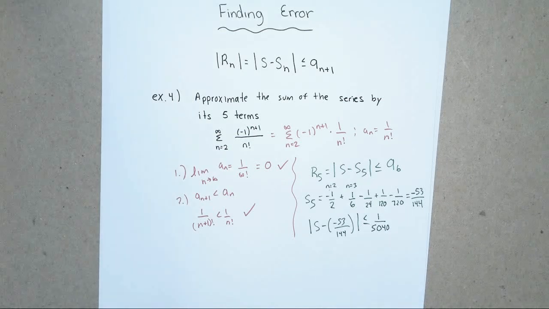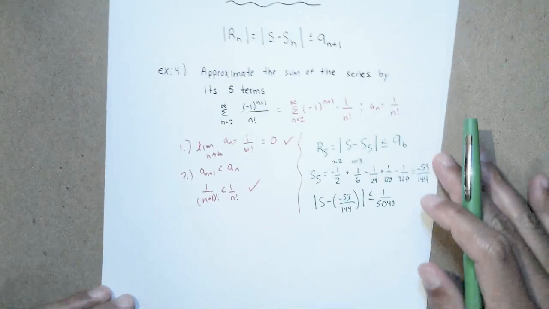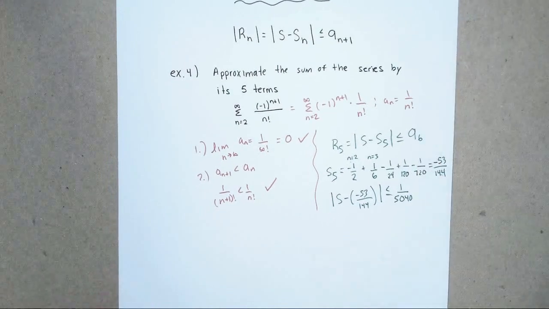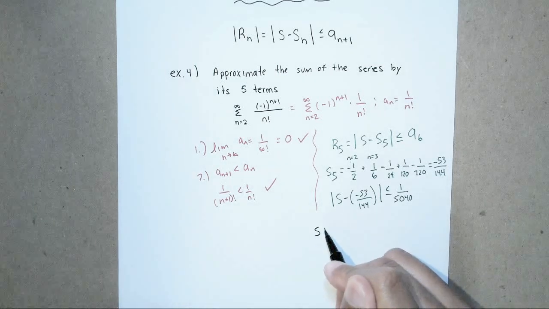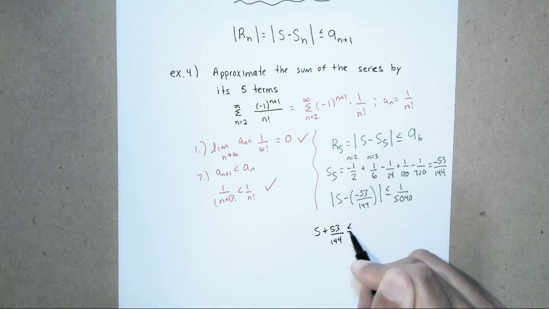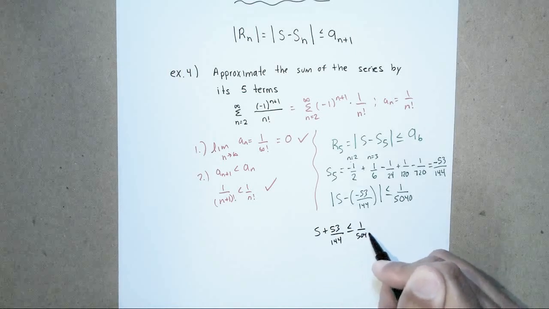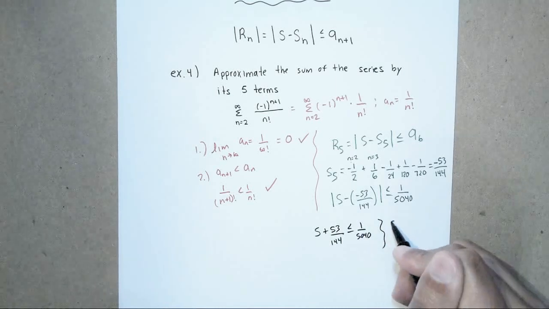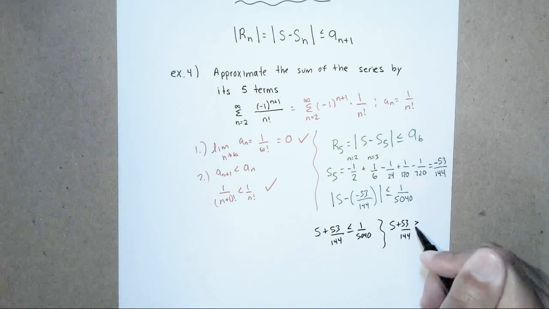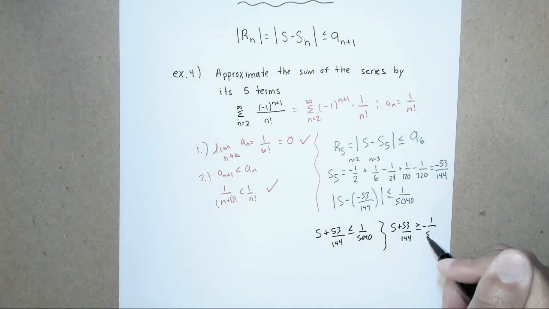Then this is going to create 2 problems, because you're working with an absolute value. This gives you S plus 53 over 144 is less than or equal to 1 over 5040, as well as S plus 53 over 144 is greater than or equal to -1 over 5040.